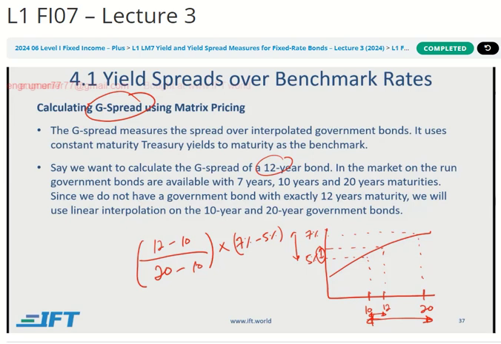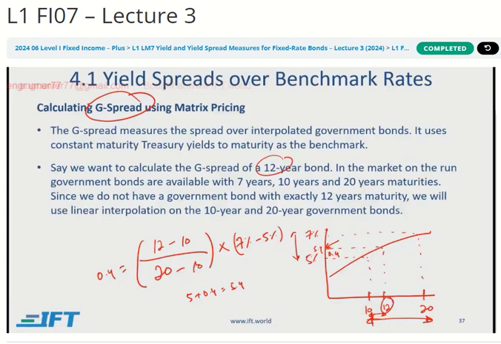Let me calculate it for you. 12 minus 10 is 2, divided by 20 minus 10, which is 10, multiplied by 7 minus 5, and that comes to 0.4. Now I'll add that to 5, so 5 plus 0.4 is 5.4, and that is going to be my 12-year government interpolated rate.